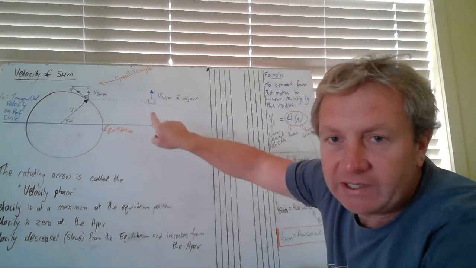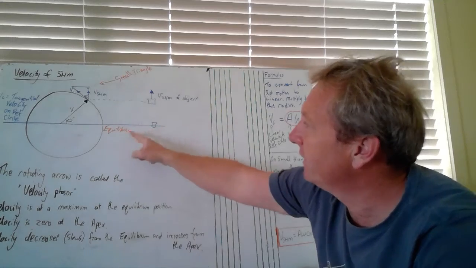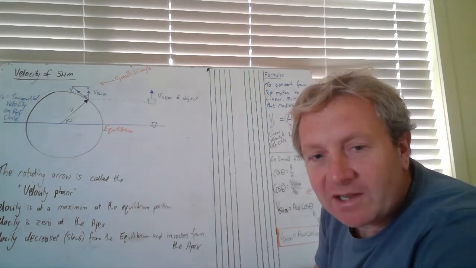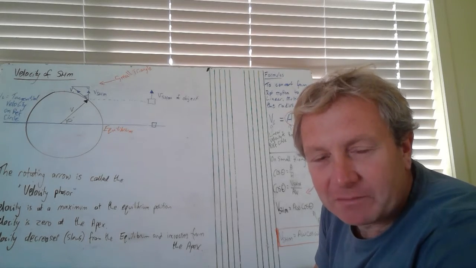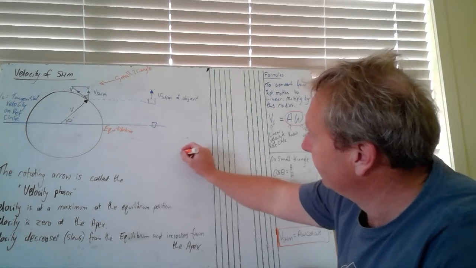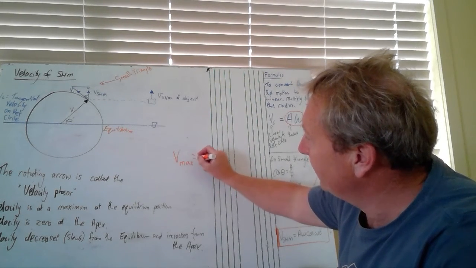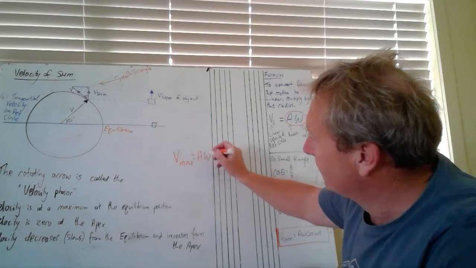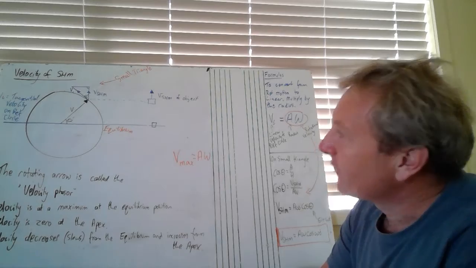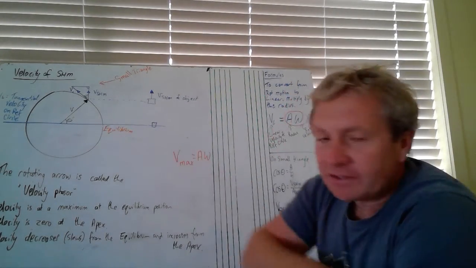There won't be any velocity components that way or that way, so the linear velocity would be straight up, which means that the velocity maximum equals AW. I shall put it here for you. Velocity maximum equals AW.